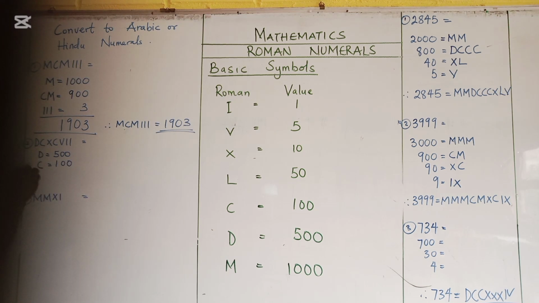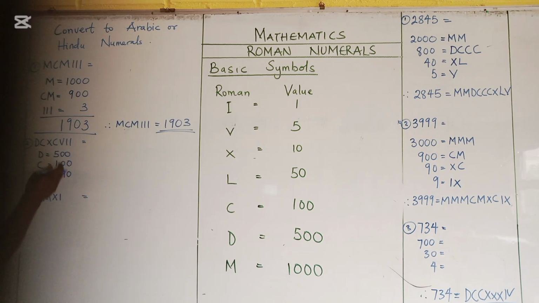Now let's take X. The next symbol is C, and C is bigger than X, so we take two of them together. XC means that they subtracted, because there is no way X can come before C if not that they subtracted it. So C minus X, that is 100 minus 10. That will give us 90.